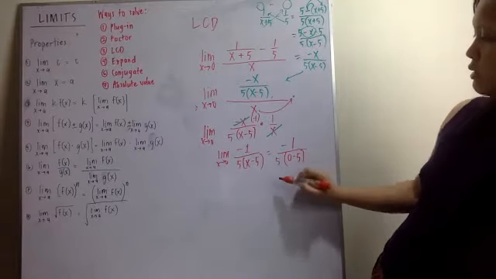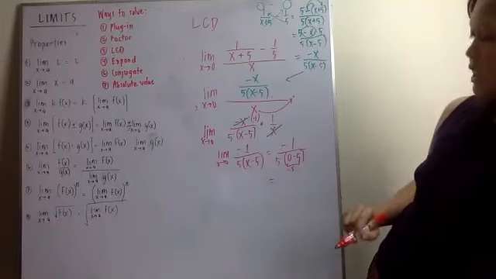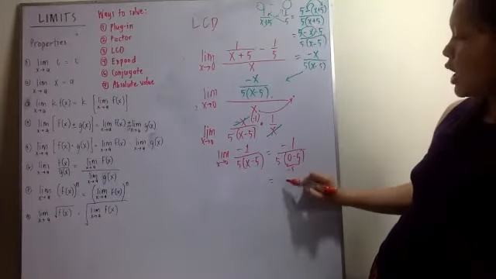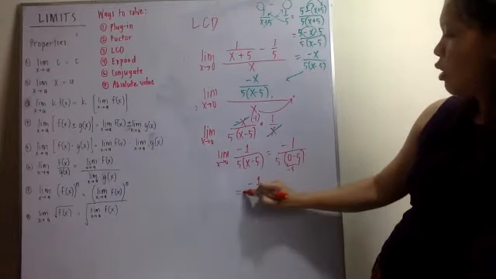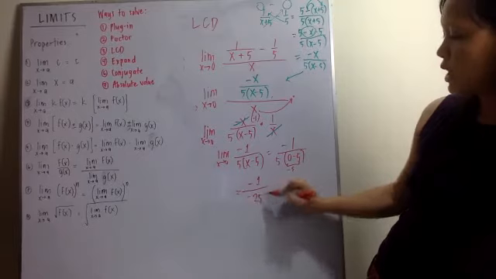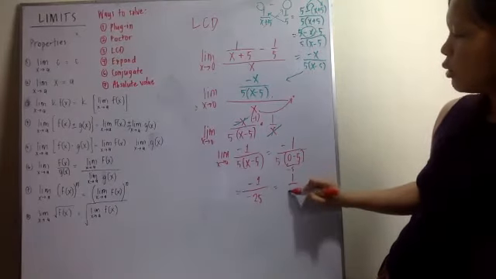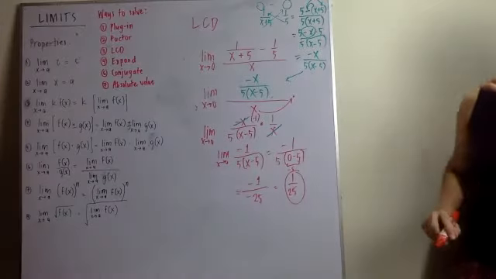Okay? So, yung 0 minus 5, magiging negative 5 lang yan. Tama? So, negative 1 over 5 times negative 5, negative 25. Or 1 over 25. Okay, yan yung final answer natin.